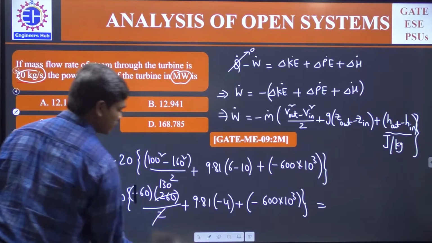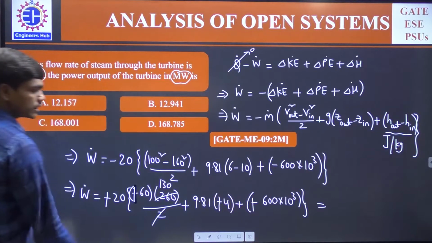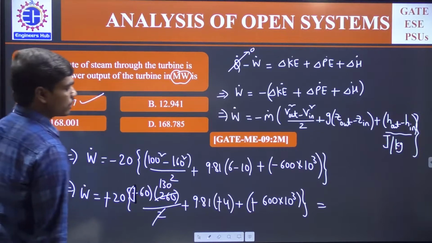We'll cancel all these minus signs with a plus sign here. So now let us calculate this value, 12.156 megawatts. 12.157 is in the answer, Muniswami, so I hope you are correct.